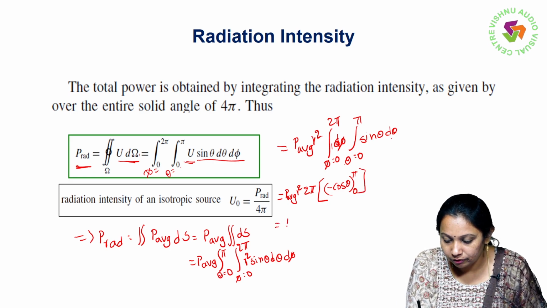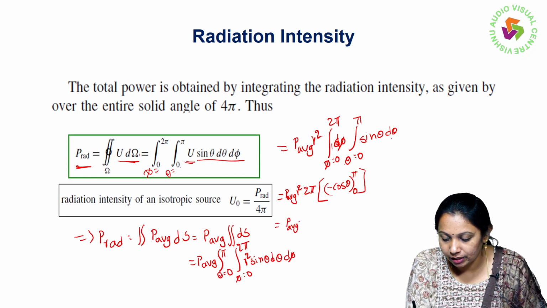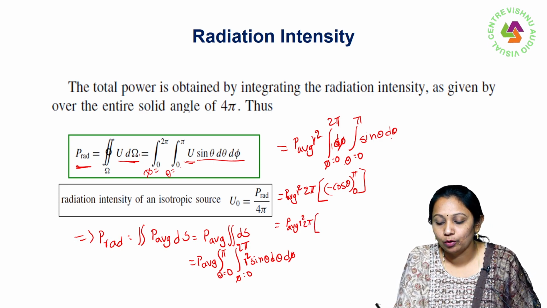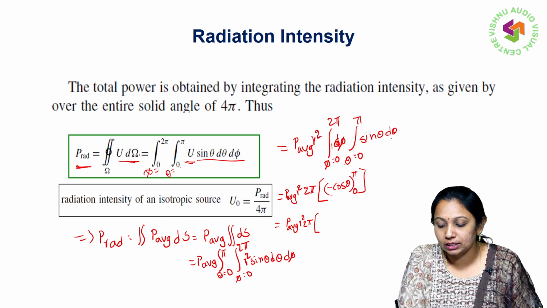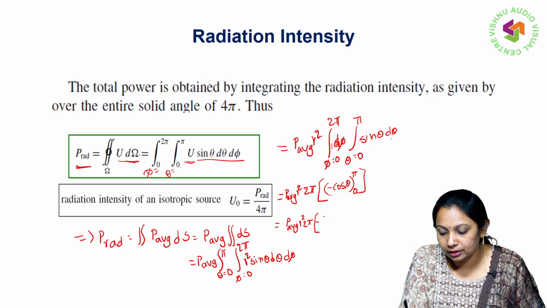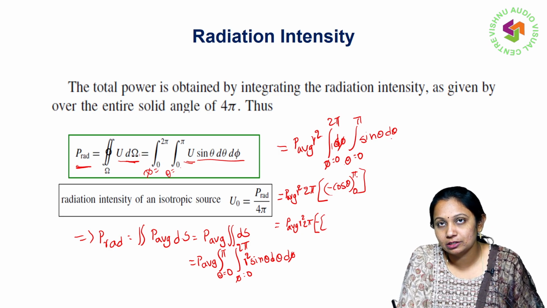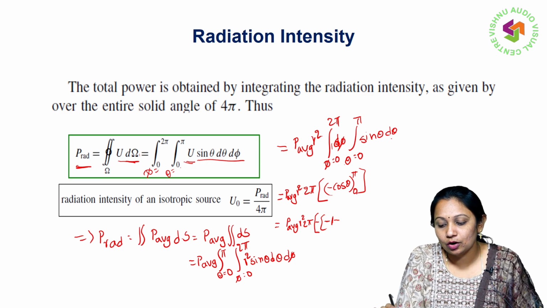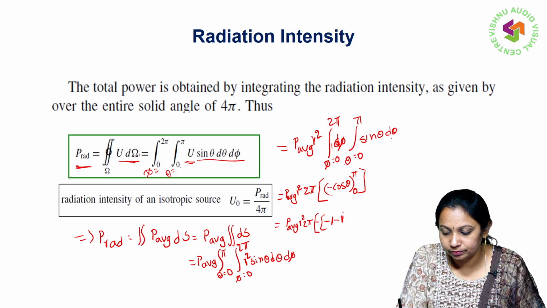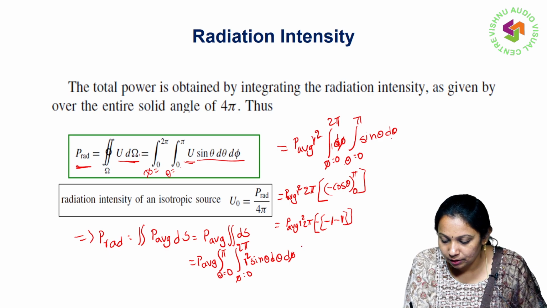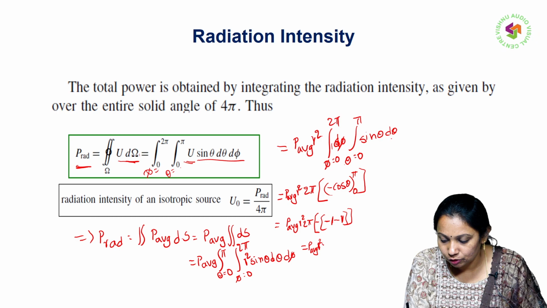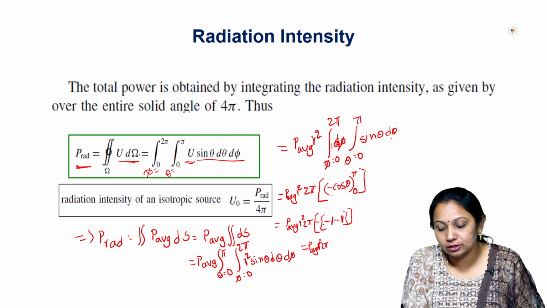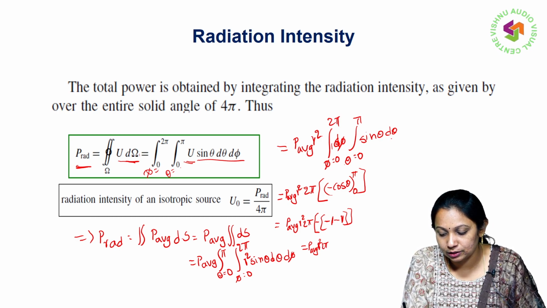Now it is P average r square 2 pi times minus cos theta, that is minus cos pi minus of cos 0. Cos 180 is minus 1, and cos 0 is 1, so the bracket gives plus 2, and 2 pi times 2 is 4 pi.